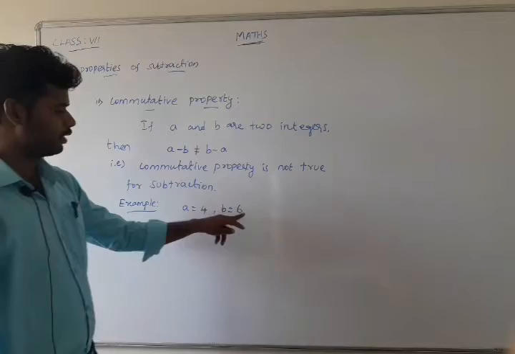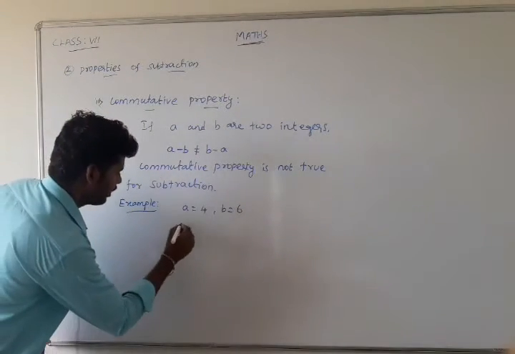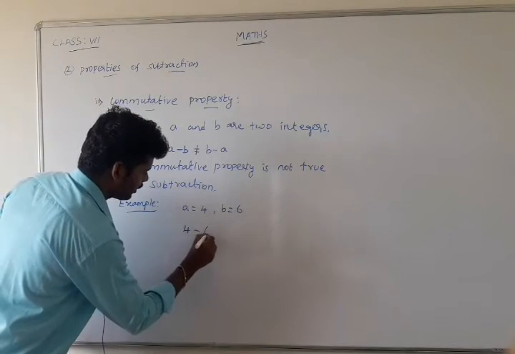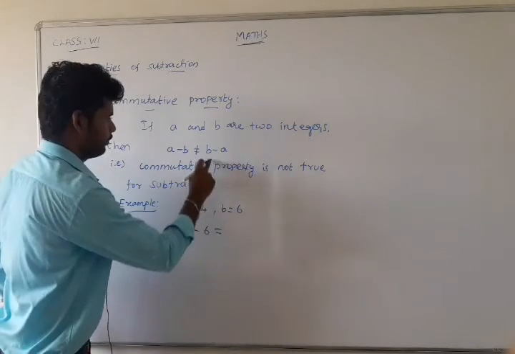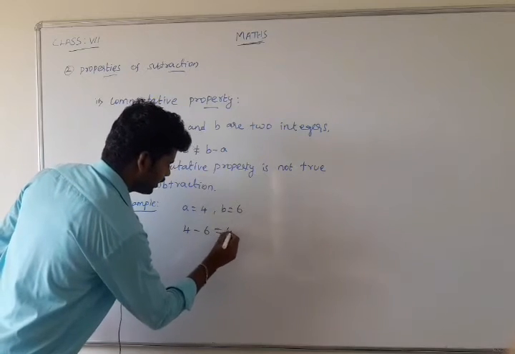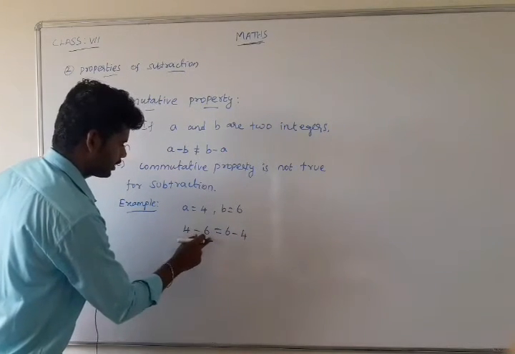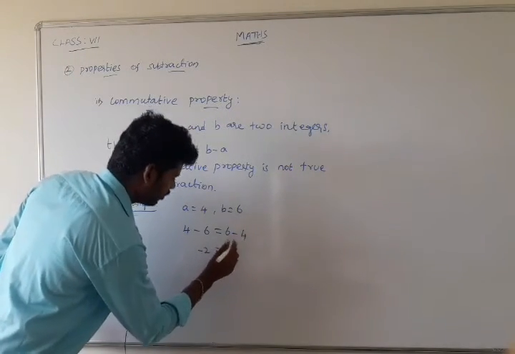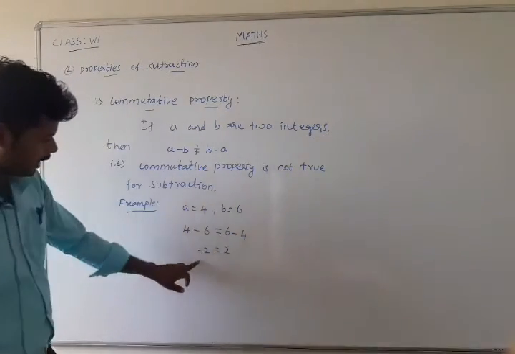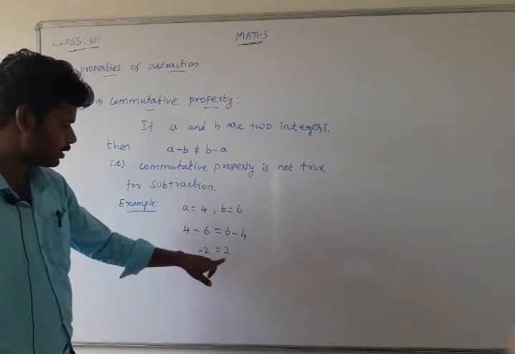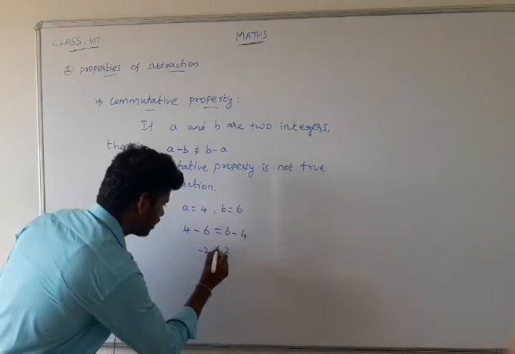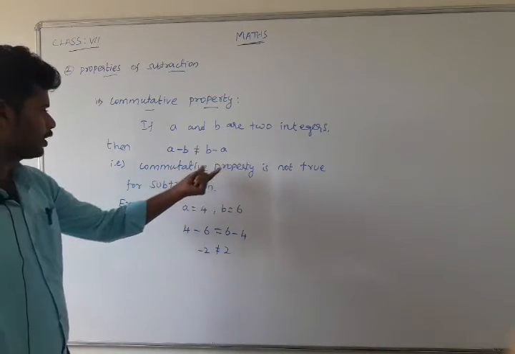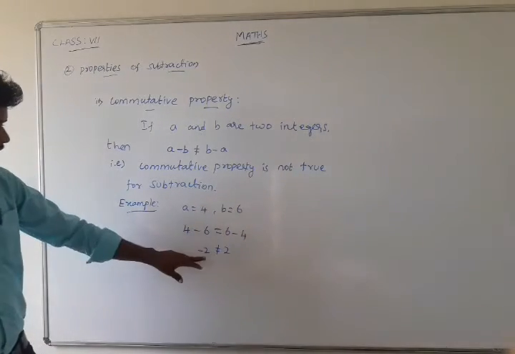Apply 4 minus 6, and B minus A is 6 minus 4. 4 minus 6, here minus 2 comes. 6 minus 4, 2 comes. Minus 2 is not equal to 2. This is for A minus B not equal to B minus A. The commutative property is not true for subtraction.